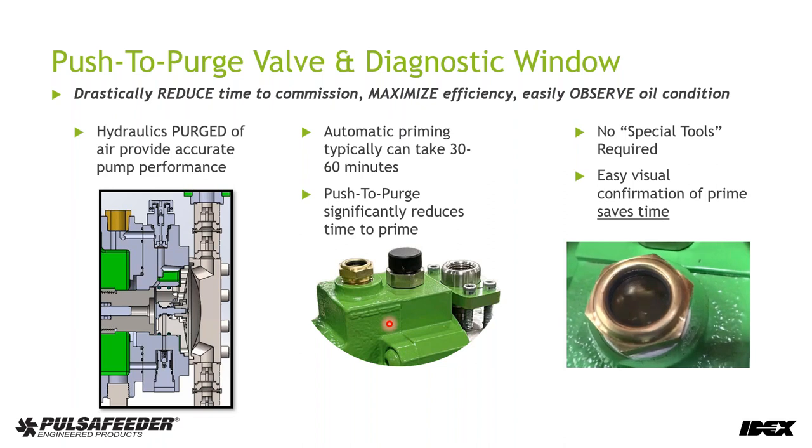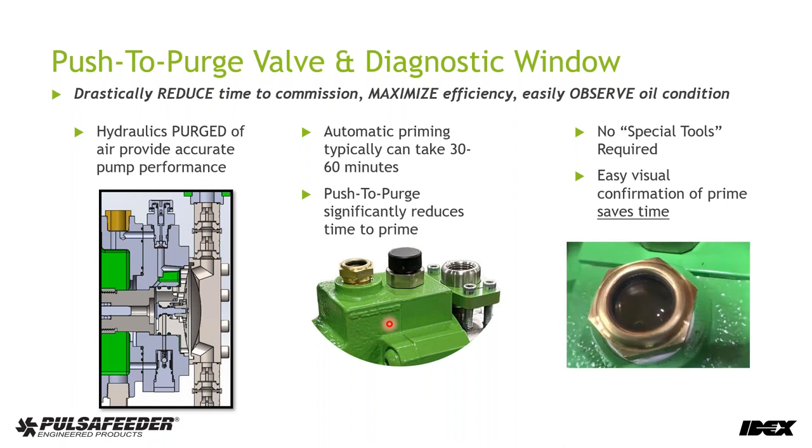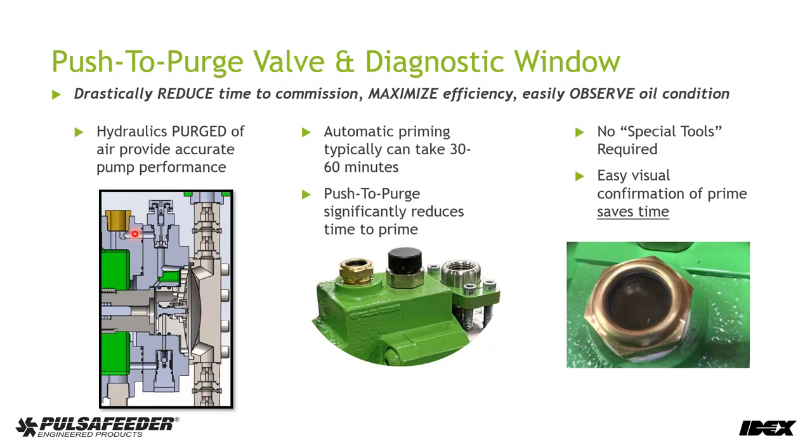So what the push to purge button does is it allows that system to be manually purged. It's a button that you literally depress, and it allows a large amount of hydraulic fluid to pass out of that area behind the diaphragm that is the motive force.